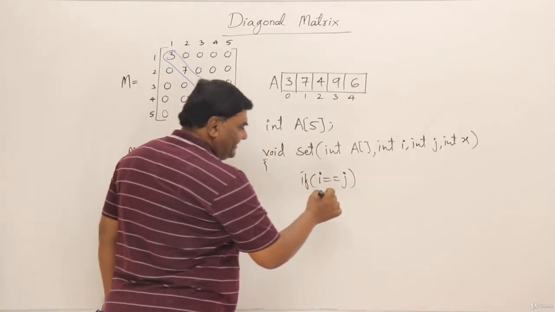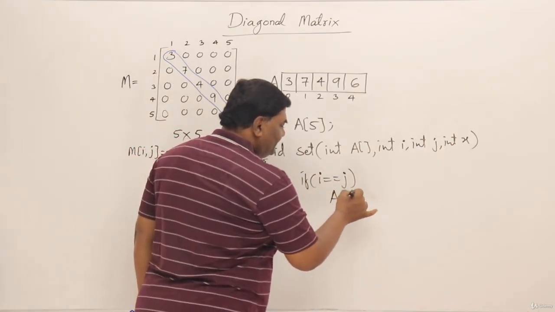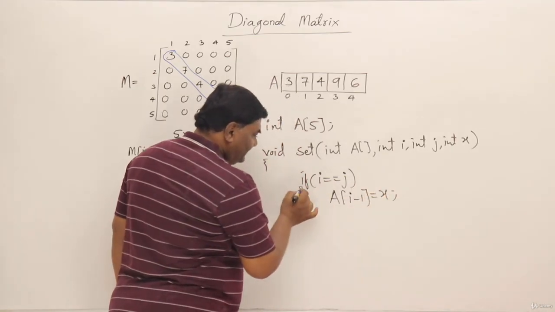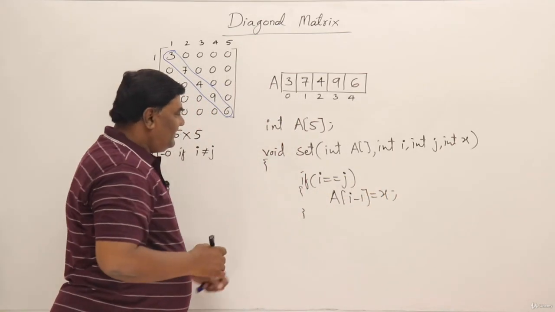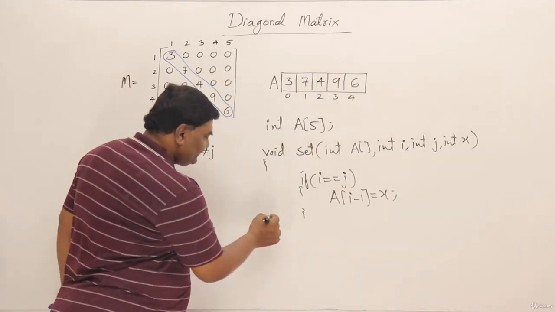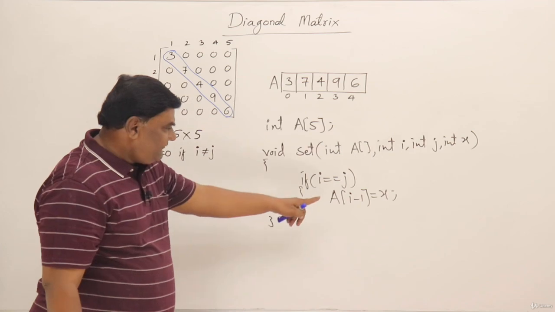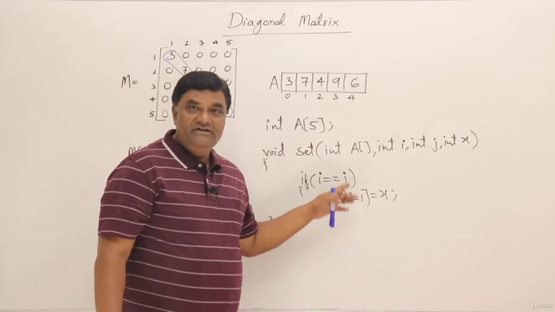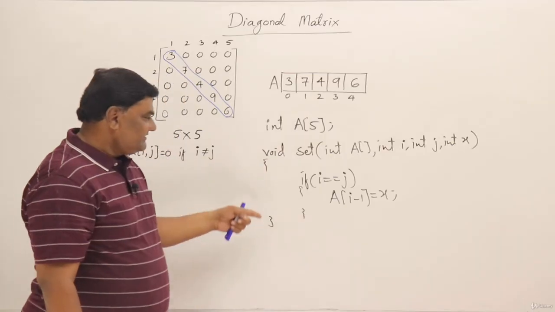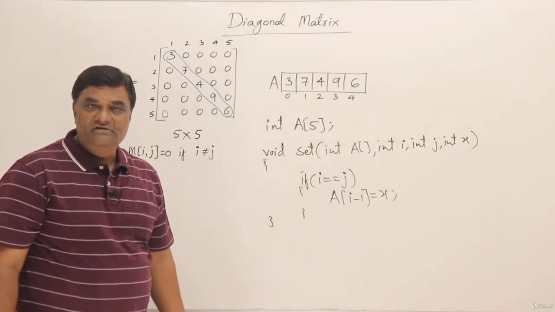It will store the element in the array at I minus 1, assigned with x. That's all. If I is not equal to j, do nothing. See, this is the formula we just saw for accessing the elements, that is I minus 1. So this is the set function.